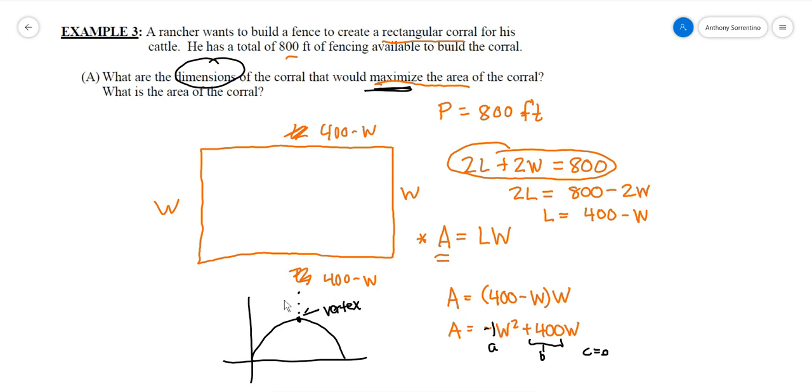So if I can locate that vertex, I'm going to be able to locate, this is my L, this is my W, this is my area, instead of taking the place of the X and the Y. The vertex is going to give me the W value that I need and the area, which is the max area.